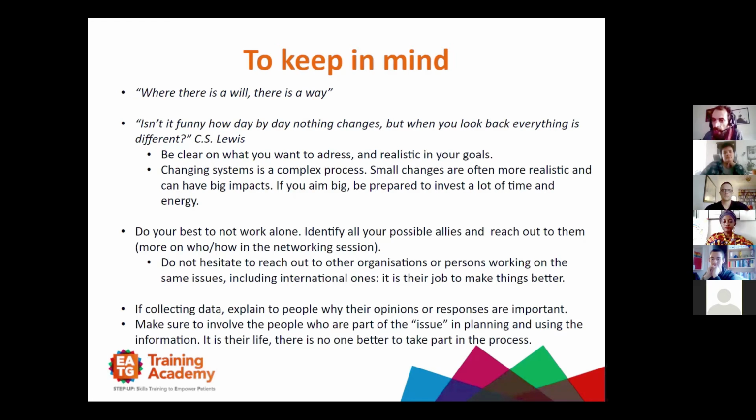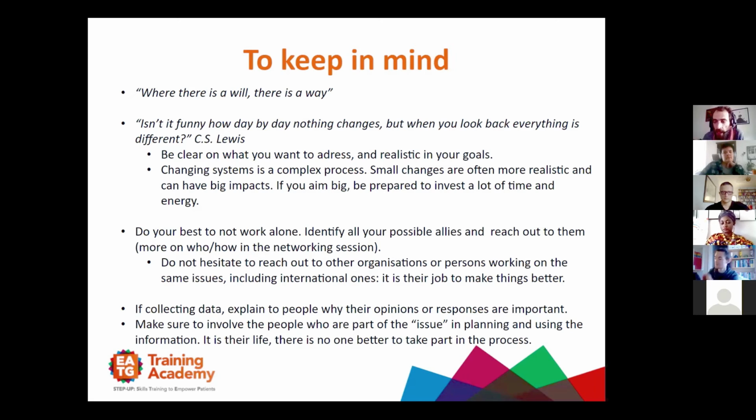WHO, ECDC, they may seem very much out of reach, they are not. Contact them if necessary, ask for help. Don't hesitate. If you're collecting data, in any case, it's critical that people understand why you are collecting that data and why their opinion matters. It changes everything in the process, and it engages people a lot more.